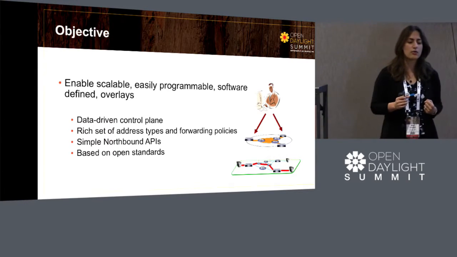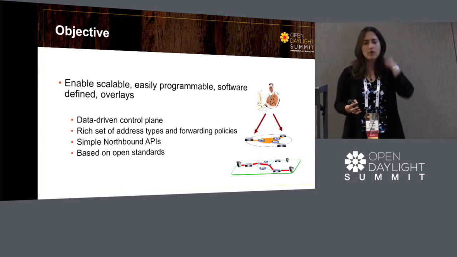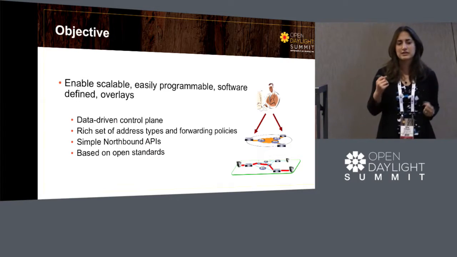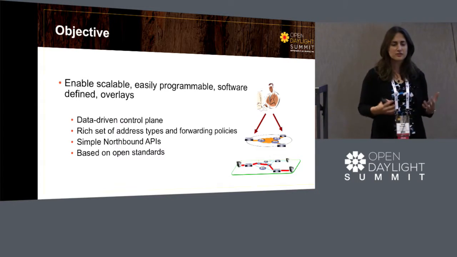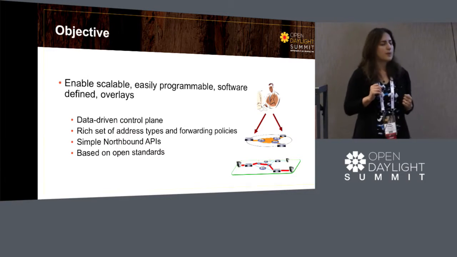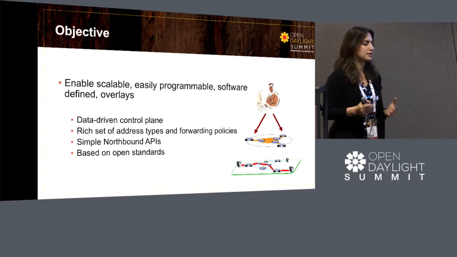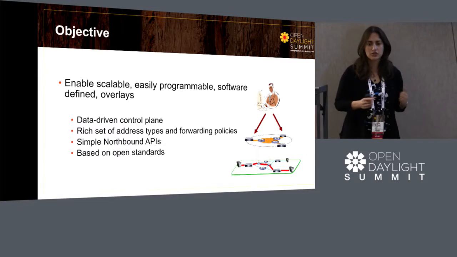Second, we wanted to have support for multiple sets of transport addresses and forwarding policies. Now IPv4, v6, L2, but also things like NSH and service paths and so on in terms of address spaces, and forwarding policies such as load balancing, multi-homing, traffic engineering, and so on.